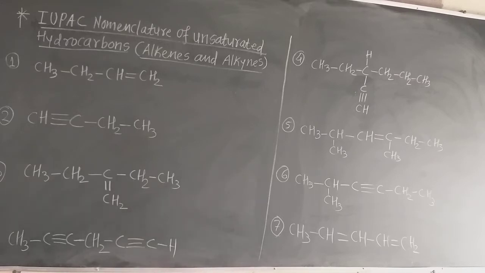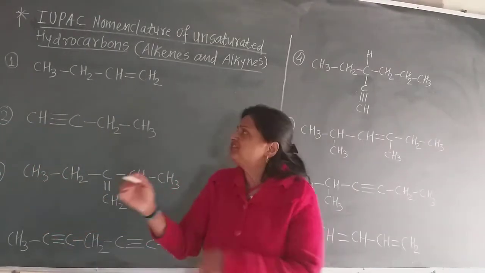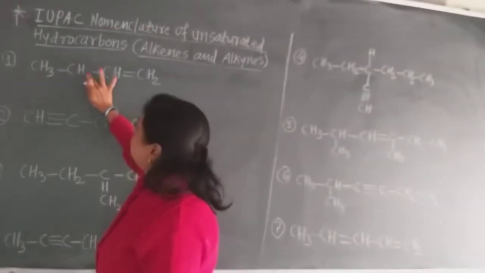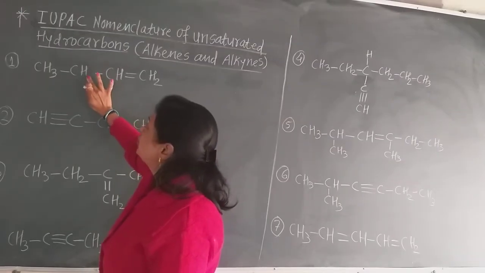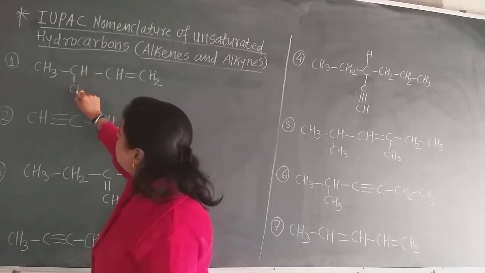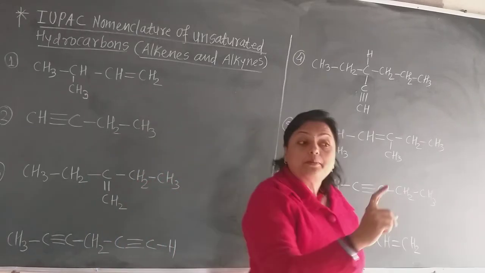Now I show here the first example to give the IUPAC names. Suppose on this carbon atom, instead of 2 hydrogens, let us show only 1 hydrogen and 1 methyl group on that. Now see how the numbering is given.